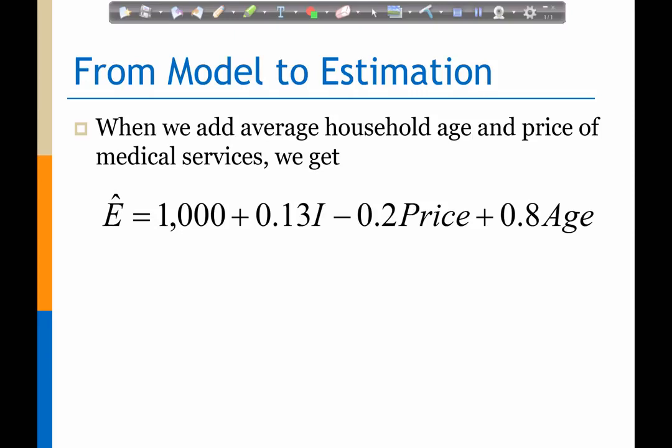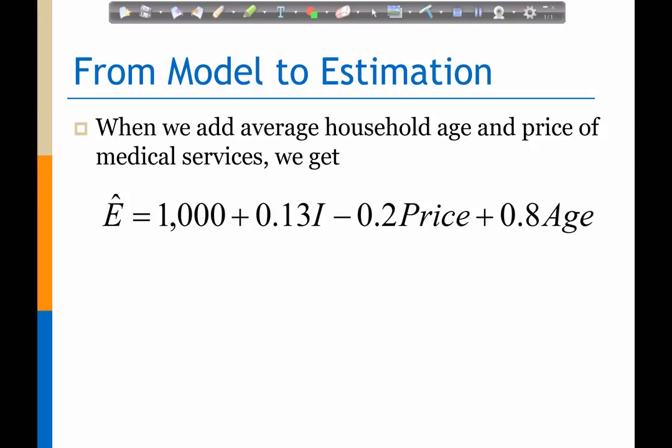So in this simple example, I have added the price of medical services and age of the individual, or it could be age of the household head, depending upon whether we're measuring individual health expenditures or household expenditures.